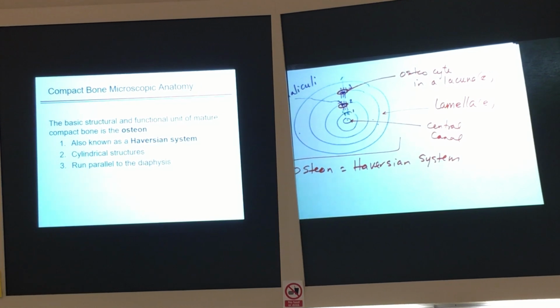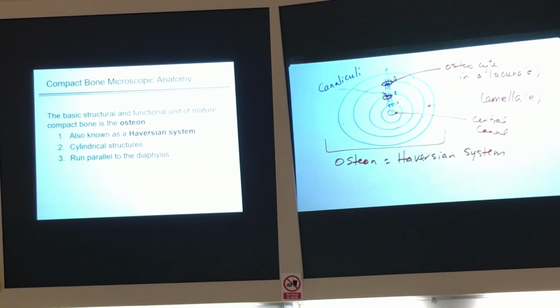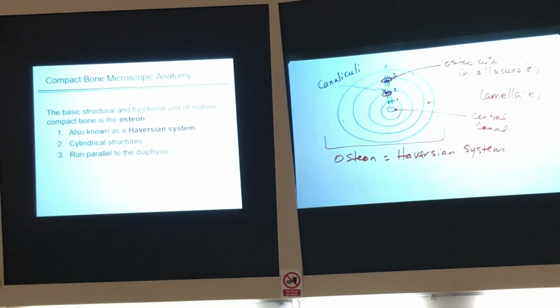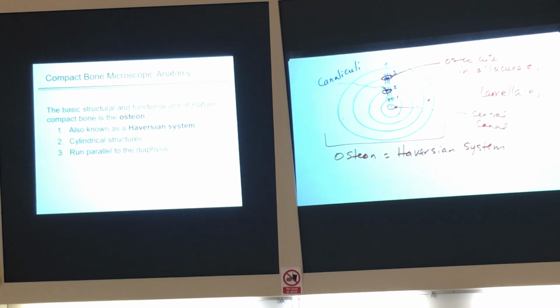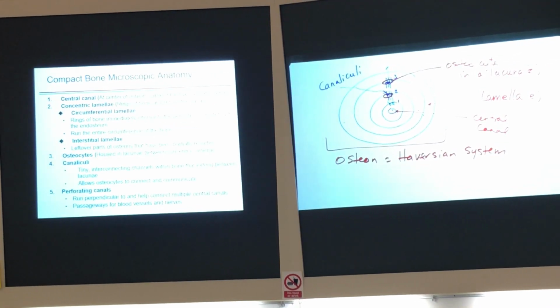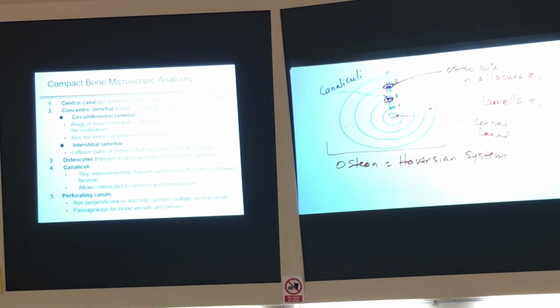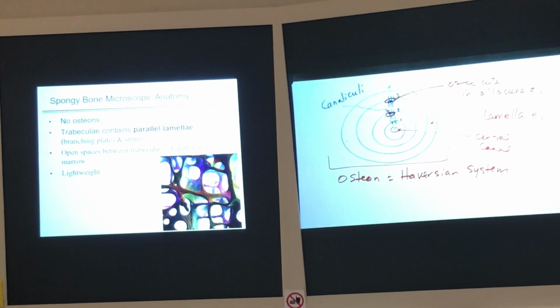So this is the Haversian system, cylindrical structure. So this runs along the long axis, parallel to the diaphysis. Okay. These are the structures. So let's see. This is what you see in the spongy bones.